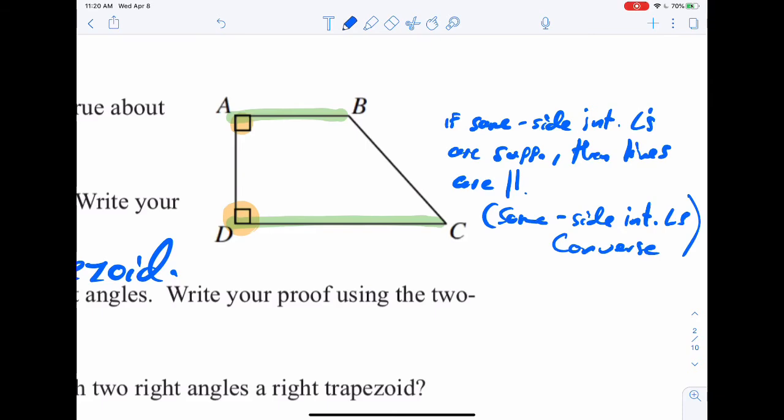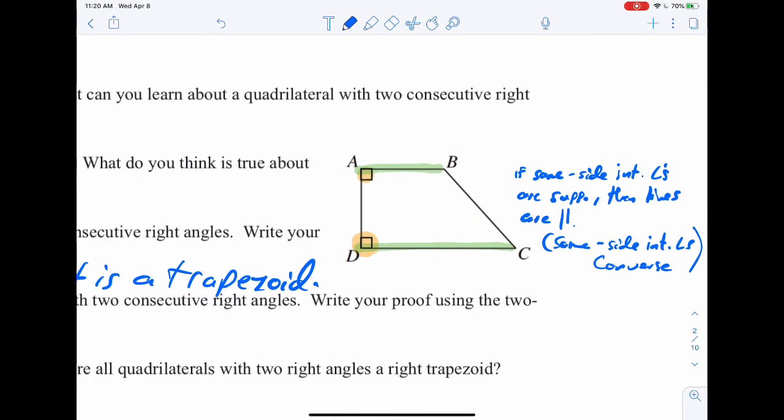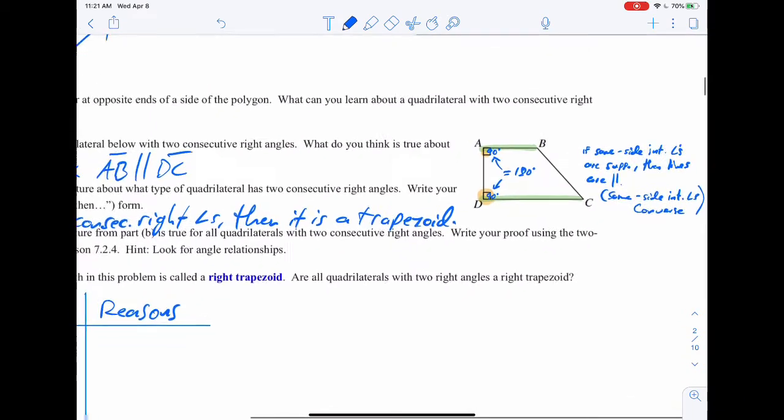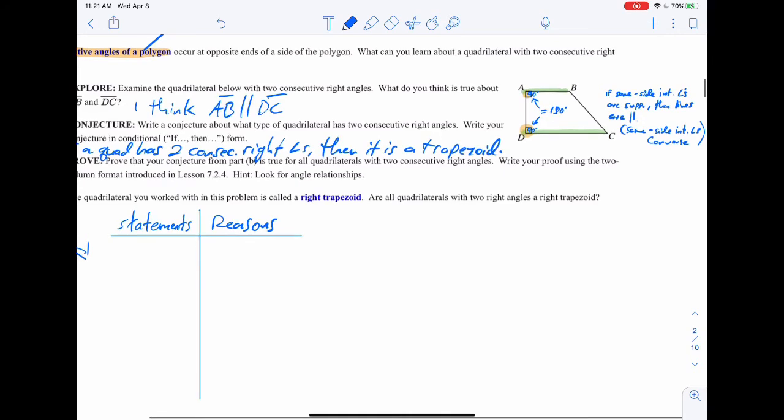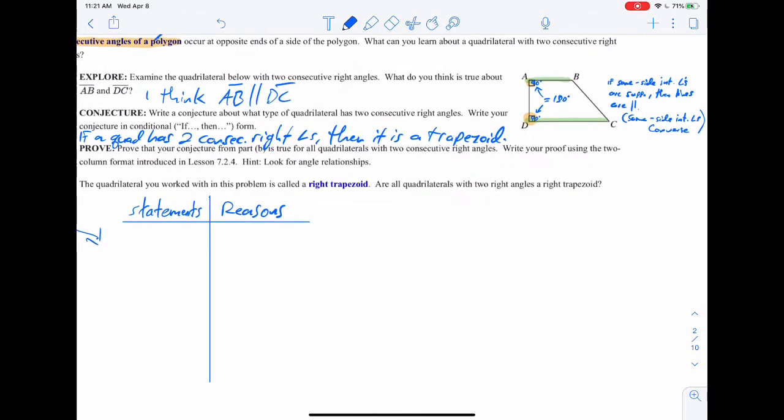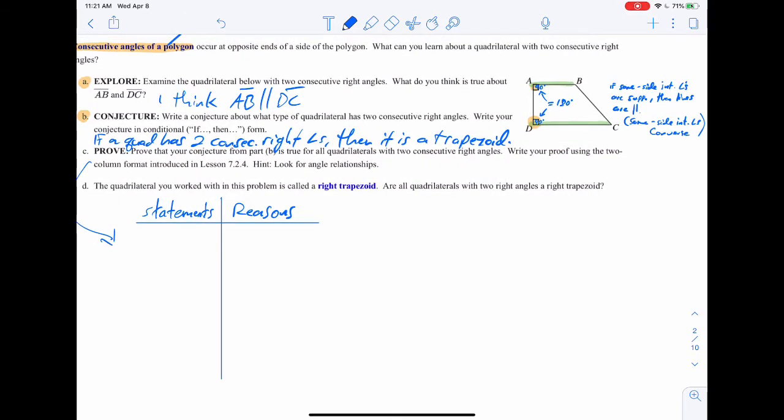So do we have that here? Yes, we do. These are same side interior angles, and since they're both 90 degrees, they are supplementary. They equal 180. Okay, so now we just have to show that condition that we have supplementary same side interior angles, and then we can conclude that opposite sides are parallel.